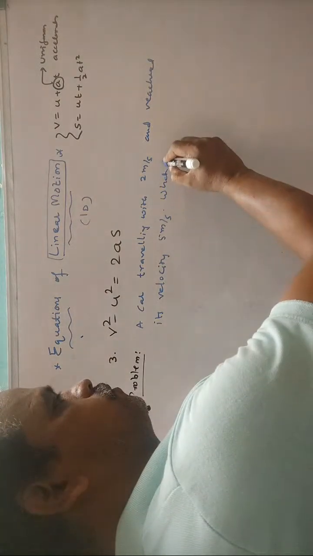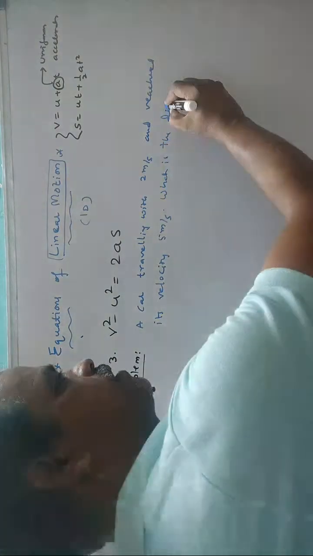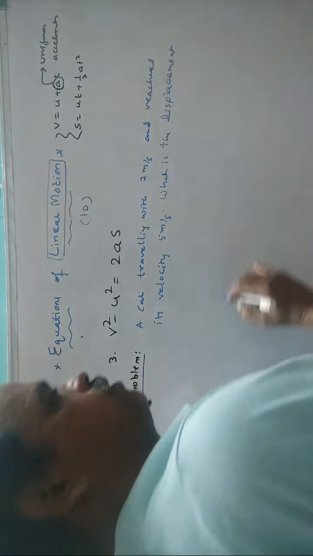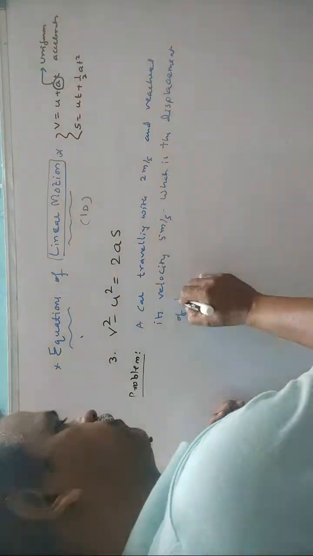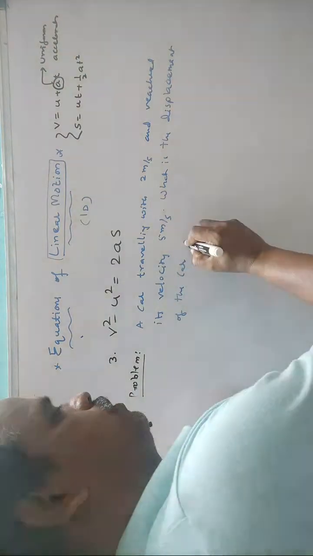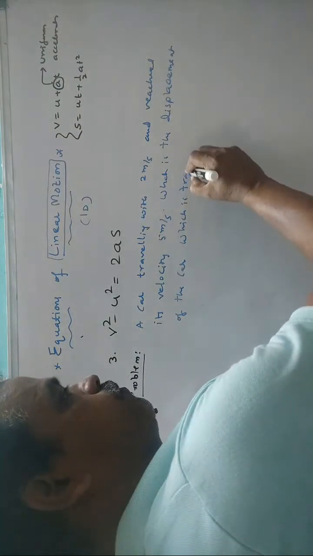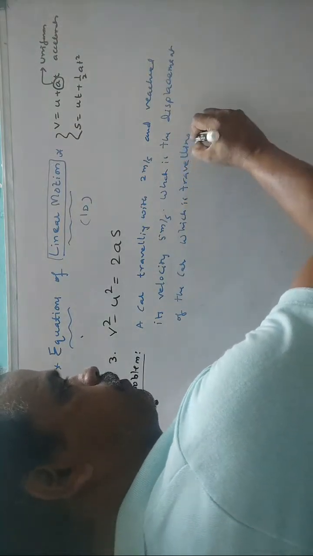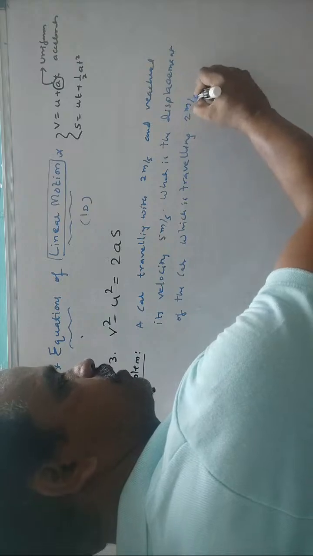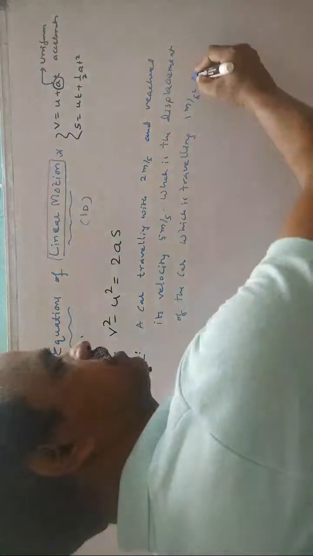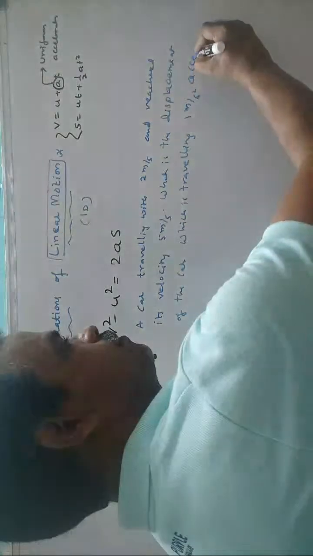What is the displacement of the car which is traveling with 2 meter per second square? Right, take it as 1 meter per second square acceleration.